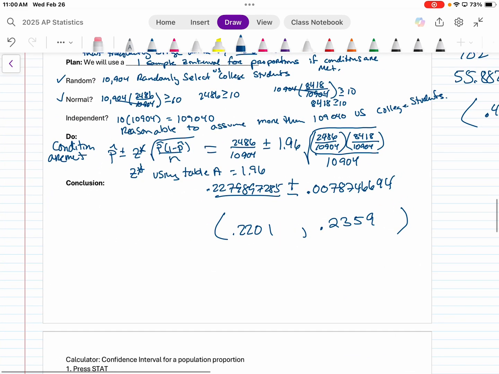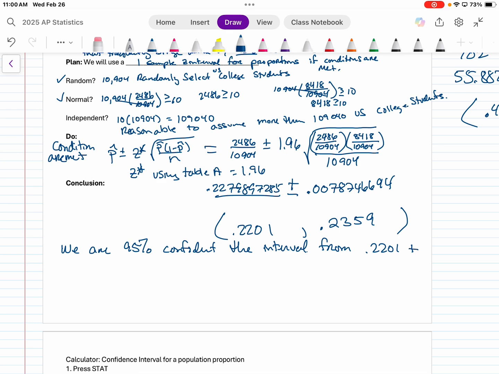Now we're ready for the conclusion. We are 95% confident the interval from 0.2201 to 0.2359 captures. Remember, captures or contains are the same thing.